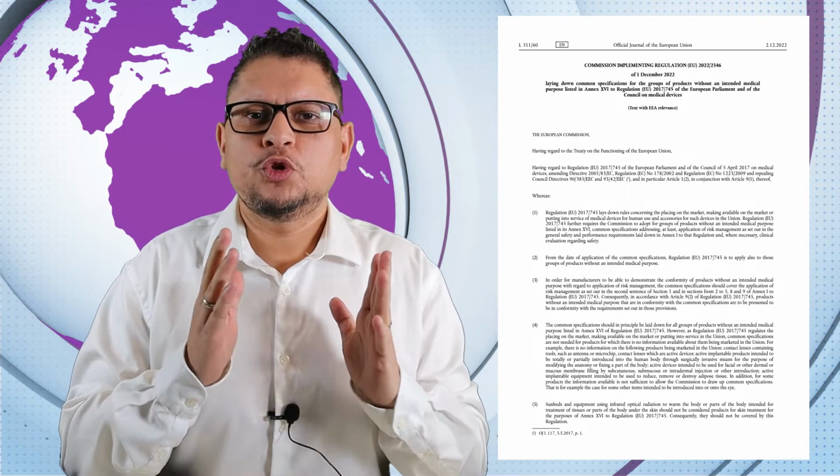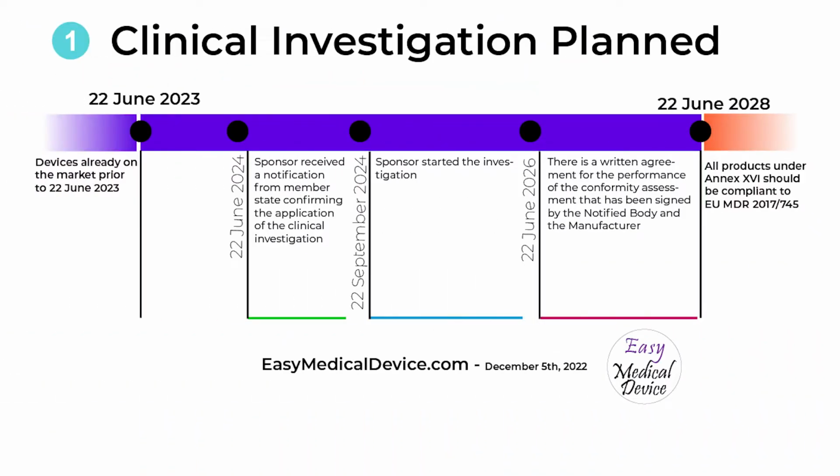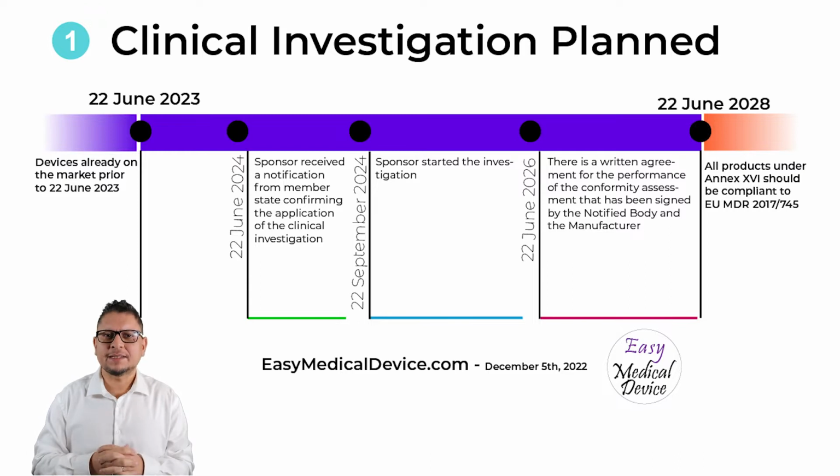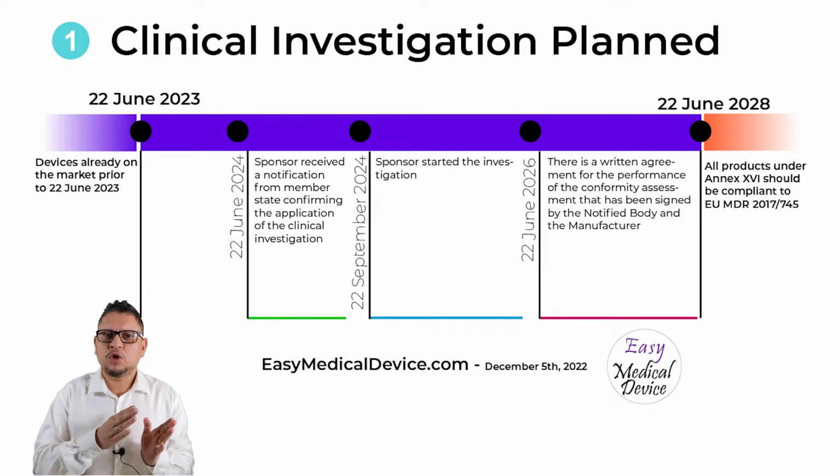First option, you are going for a clinical evaluation, clinical investigation, so a clinical trial for your product so that you can gather clinical data about your product. If you are doing that, then you have first to have your products on the market prior to the 22nd of June 2023. So if you have your products after that date, it means you have to directly fulfill the requirements of EU MDR.